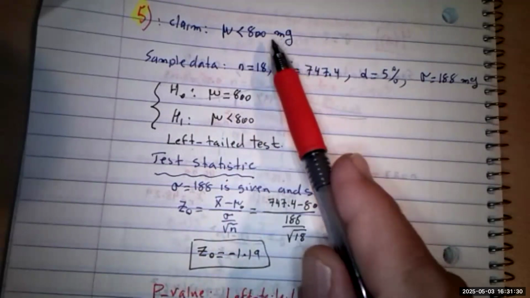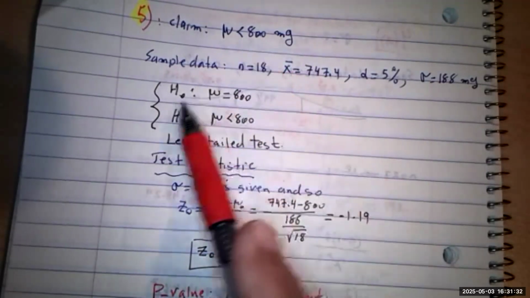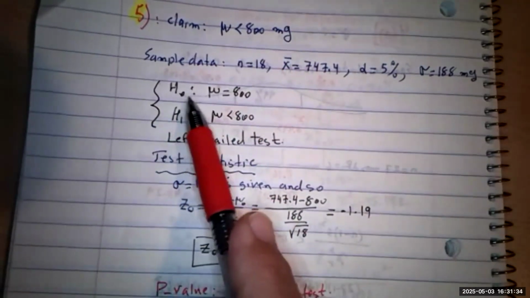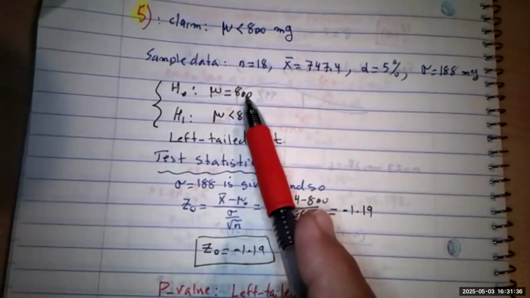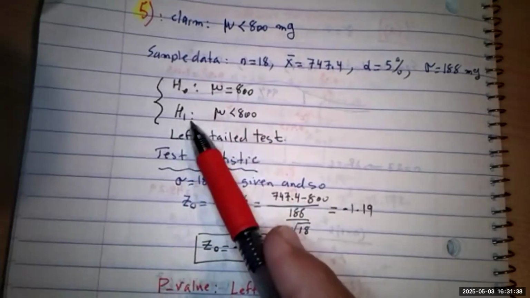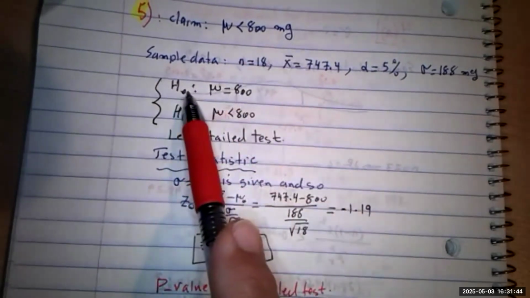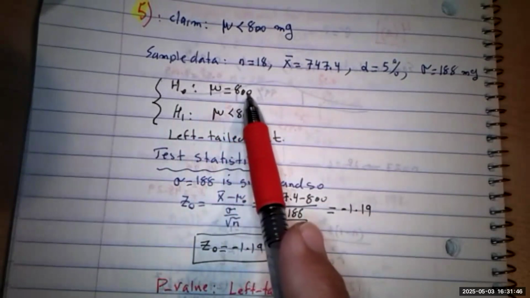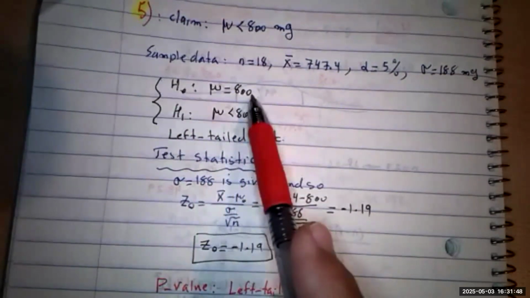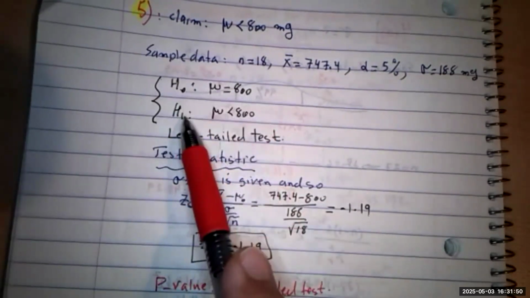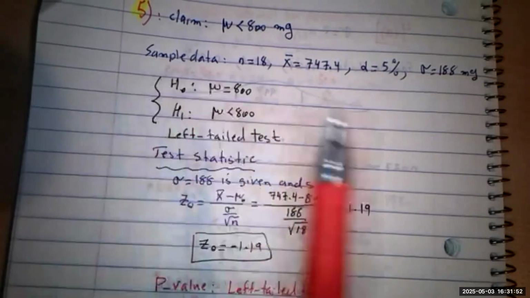So whatever number you want to claim, you're going to put it here. Say H0 is that mu is equal to 800. Then H1 would be the one that you want to check, the alternative. Write the first one always as a specific number, equal to mu naught, and your alternative, mu less than 800.